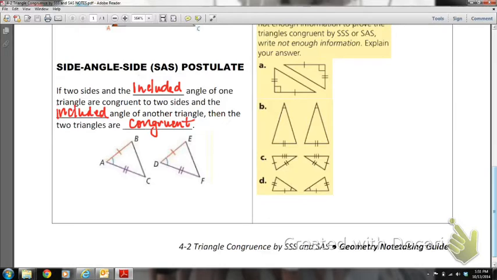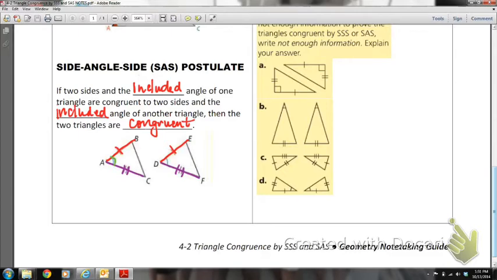So in this diagram, we have side AB is congruent to side DE, and we have side AC is congruent to side DF, and you've got the angle that's in between.